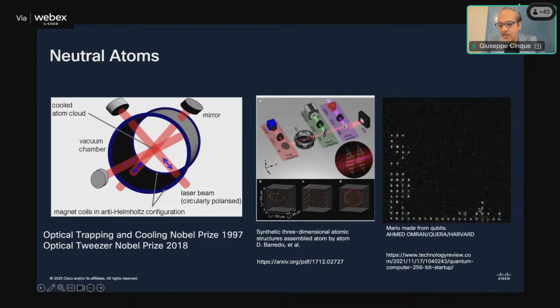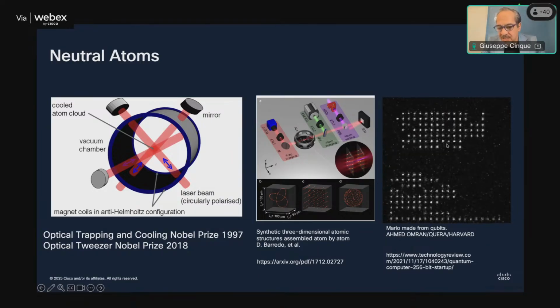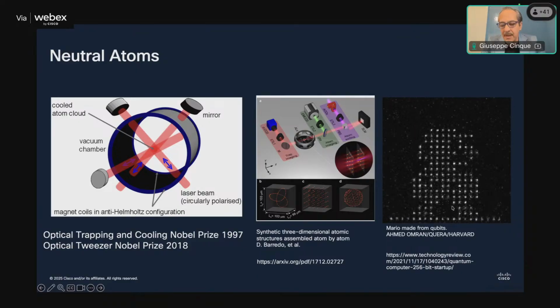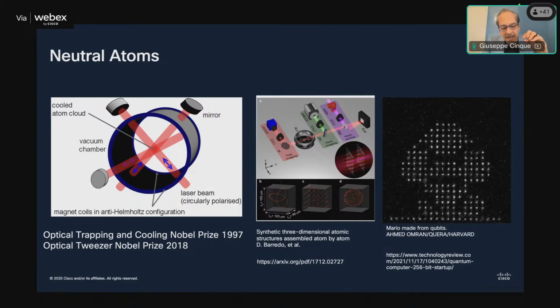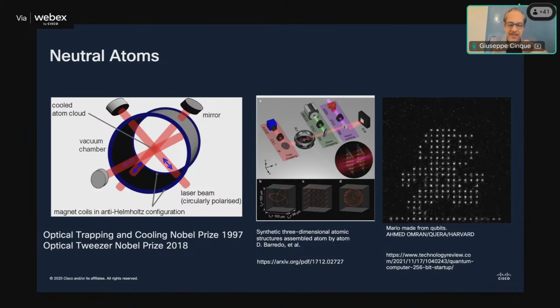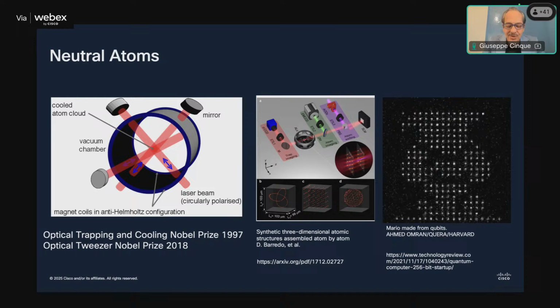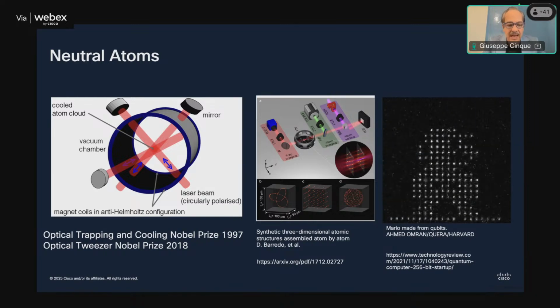Or here is the funny Mario Bros, made of qubits. So there are individual atoms that can be moved around using this concept of optical tweezers, using a laser as a kind of small tweezer to move atoms around and then to control the excited state of each individual atom to perform calculation. So it's amazing, the level of engineering. In superconductive systems, we have millikelvin temperatures, an order of magnitude lower than the temperature of outer space.